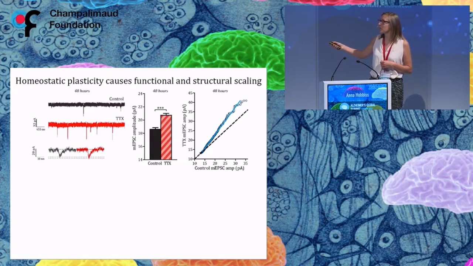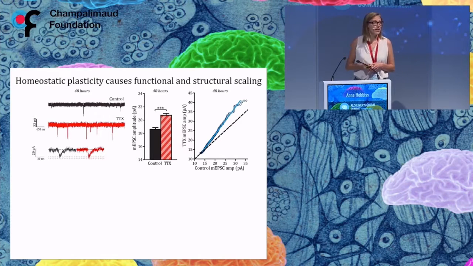And in fact, when I plotted the control mEPSCs against the TTX mEPSCs, you see that there's been a linear scaling upwards of the synaptic strength, showing that we've induced homeostatic plasticity. Next, we wanted to see, does this have any structural consequences for the shape of the spines, for the size and the shape of the spines?